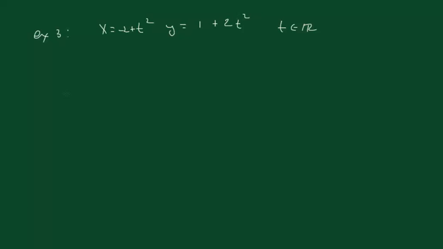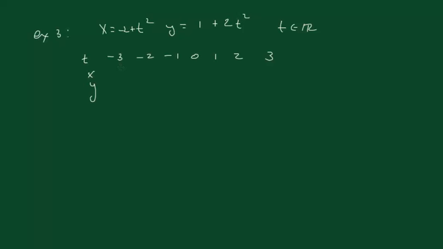In example 3, x equals negative 2 plus t squared, y equals 1 plus 2t squared. We're going to plot some points here to figure out what the shape is. So t is an element of the reals, so I'm going to start off with some negative values, increase, and get some positive values, so that we get a picture of what this is.